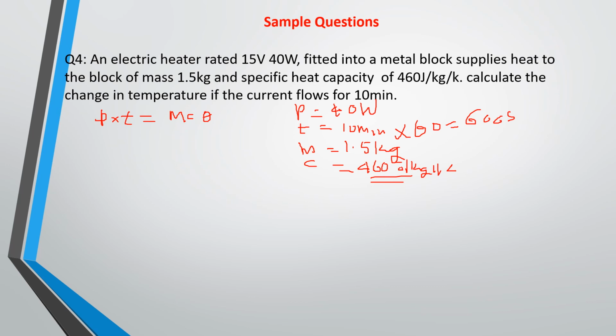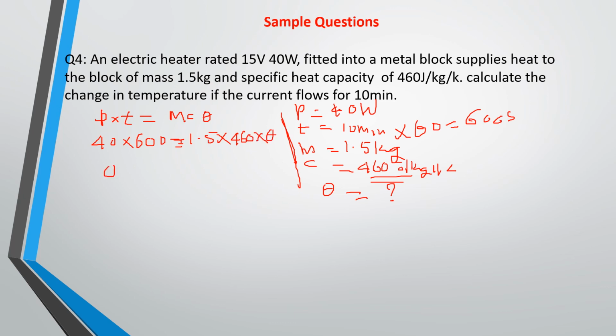Let's substitute all this information now. Temperature change is not given to you. That's what you are looking for. So if you substitute into this equation, power is 40 times 600, which is the time in seconds. You know that we got the 600 from 10 times 60. Then that is equal to mass times heat capacity times temperature change.